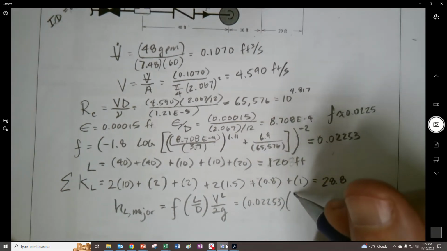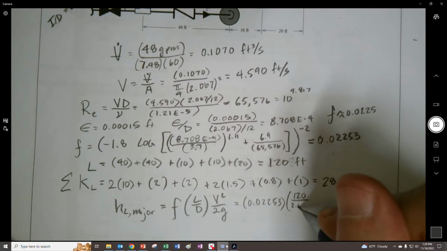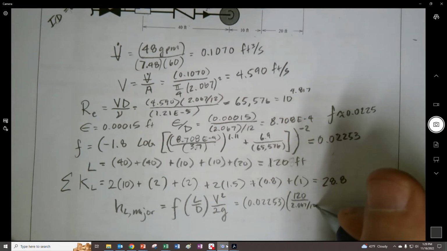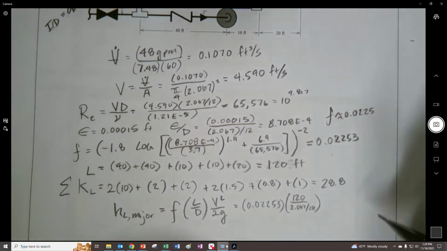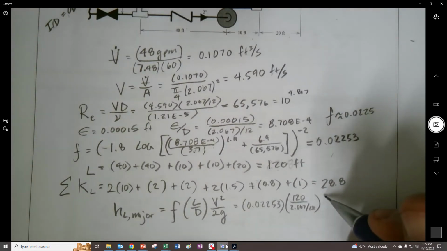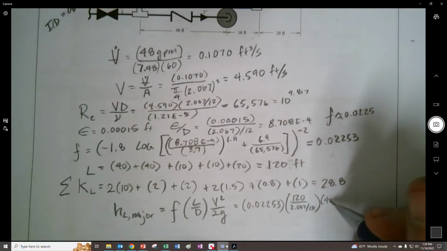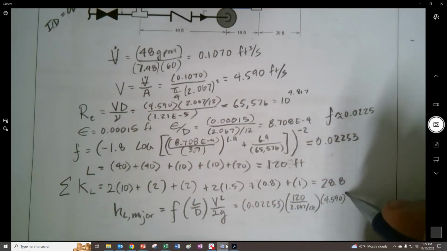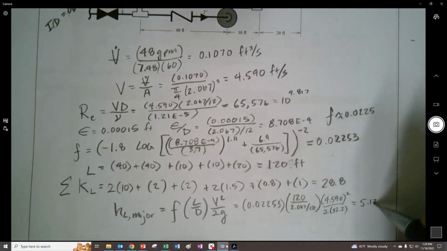And then the length of this is 120 feet, divided by our 2.067 divided by 12. You can't really tell it's a 2. And the velocity, as we had said, is 4.590 squared over 2 and acceleration of gravity. And what we end up with is 5.128 feet.